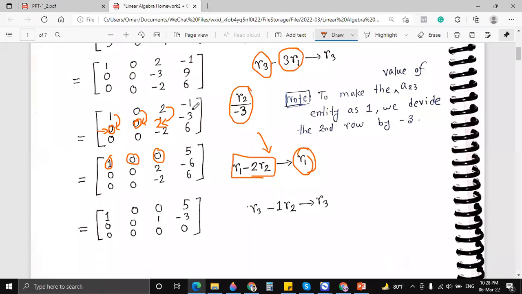And here 2 multiplies minus 3, that is minus 6. Sorry, minus 1. We had minus 1 minus of minus 6. That is going to be minus 1 plus 6, or we can write 5. So that's why I have written here 5.